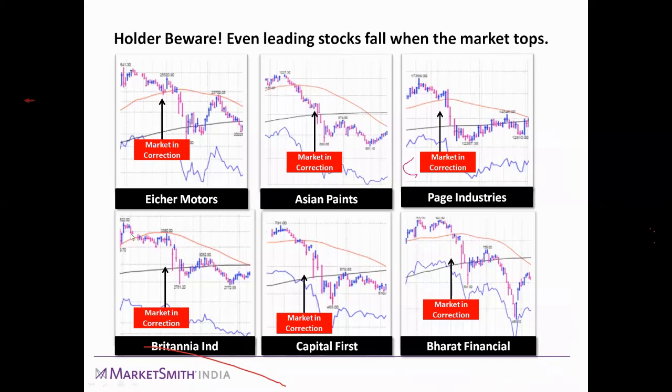Britannia Industries, if you see, the stock was trading just below its 50-day moving average and ultimately went on to breach its 200-day moving average. This is the kind of fall which happens when the market enters a correction. These are the stocks which normally give 70, 80, 90% in rallies, and when the market is in correction, just see the fall.